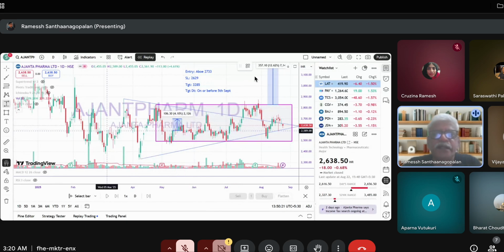Again, you saw that the stock started coming down. You entered at this second candle and it took up to this level. So you made 6%.